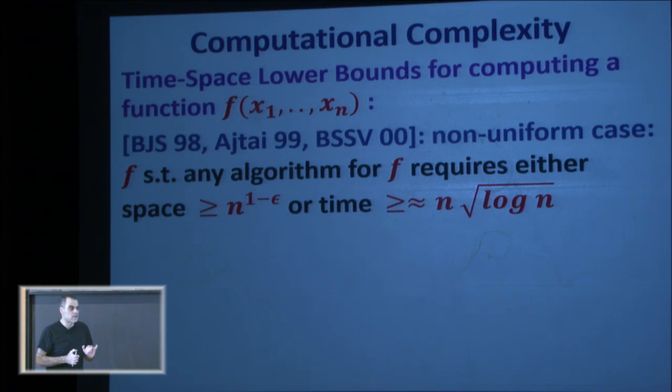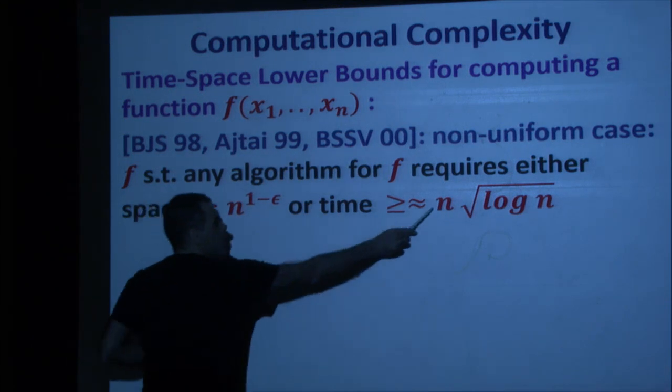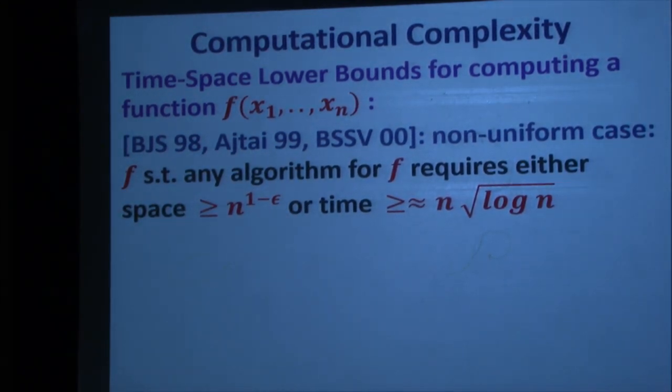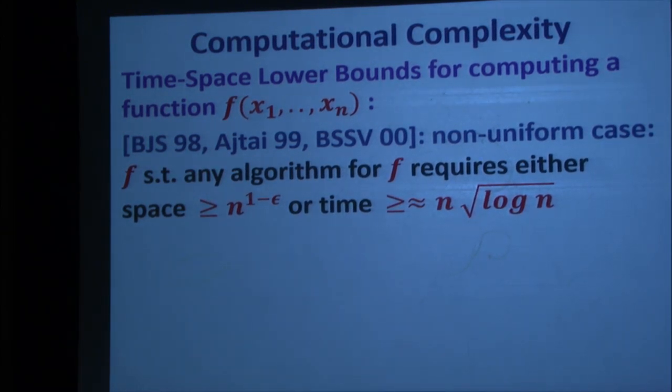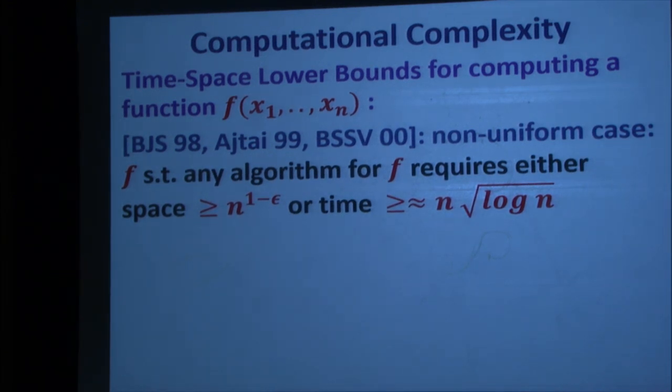So this work is by Beame, Saks, and Zhu, but they gave only a constant times n here. And then Ajtai was the first, in two works, to give a superlinear lower bound here on the time under space constraints, and this was improved by Beame, Saks, Sun, and Vee.